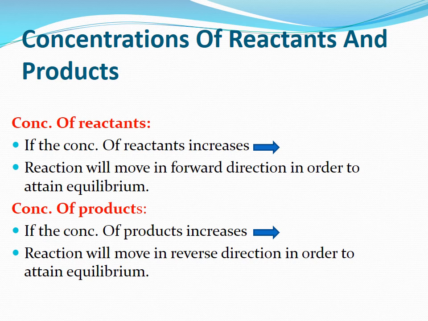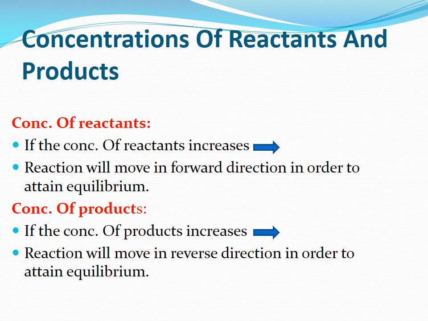The next one is concentration of products. If the concentration of products increases, because in any system, after the forward direction, the time comes when the concentration of products increases, at that time the reaction will move in the reverse direction in order to attain equilibrium.